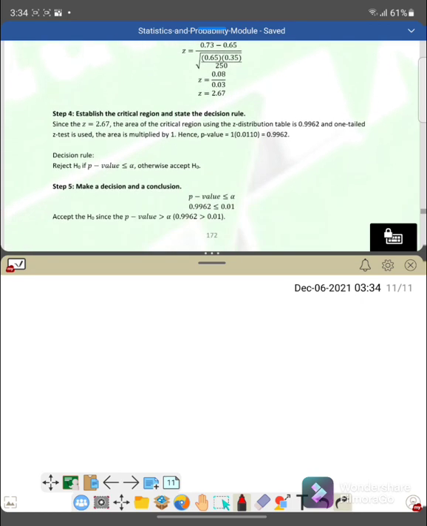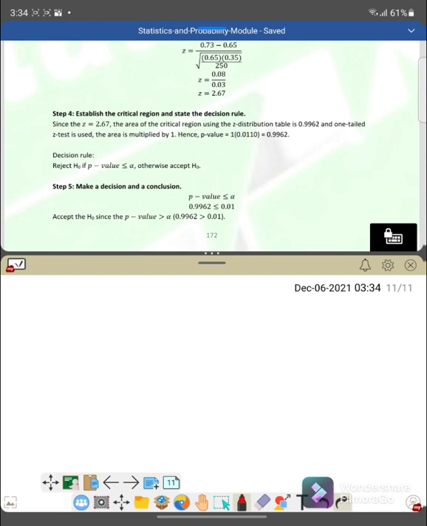The decision rule is that we reject if the p value is less than or equal to alpha. Otherwise, we accept. So the p value is 0.9962, which should be less than 0.01 to reject. But remember that 0.9962 is greater than 0.01.